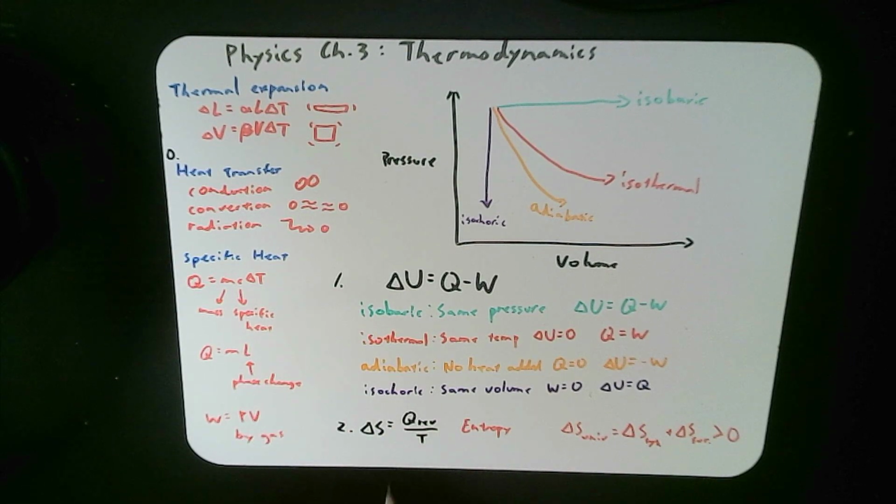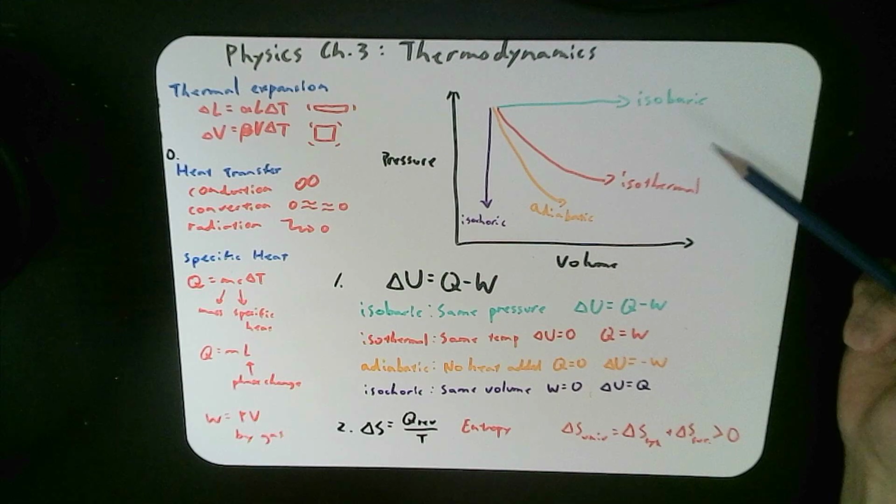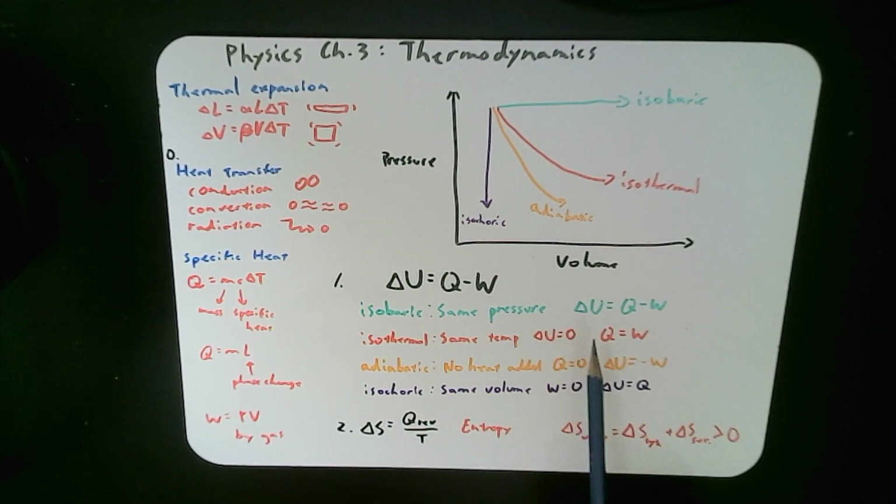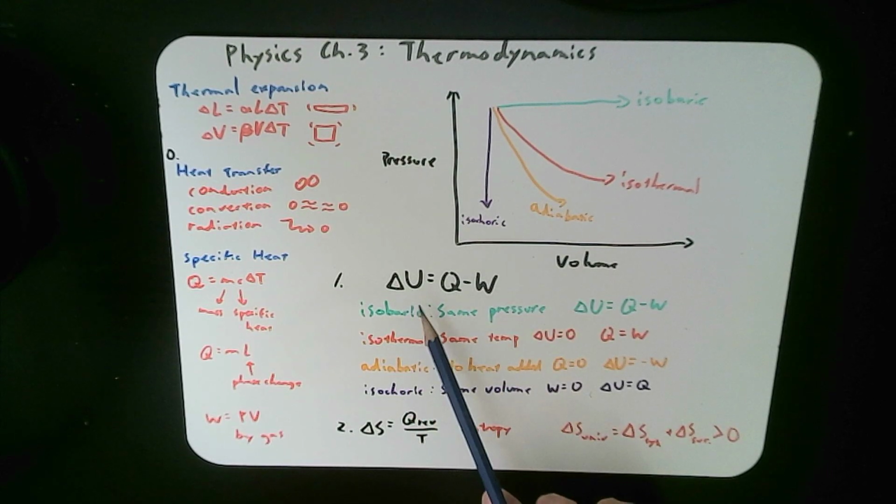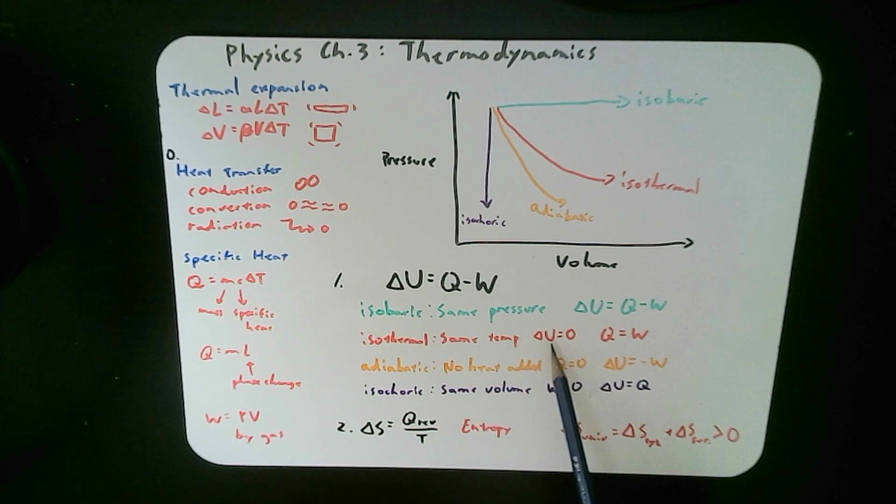So we have isobaric, which states the same pressure throughout the process. So we modify this equation to be still the same, because same pressure doesn't affect our work equals pressure times change in volume. For an isothermal process, however, the same temperature is the overall result of Q minus W. So the overall energy gain is 0, but that could mean that Q and W are equal.